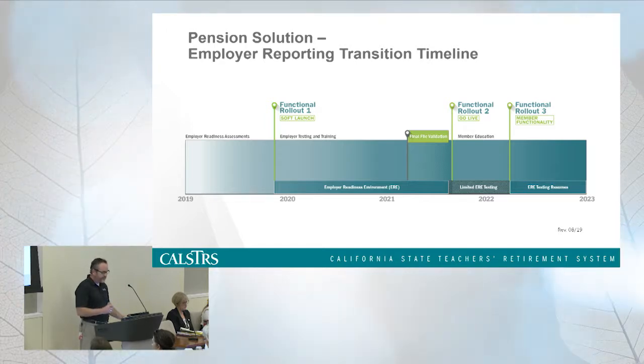Now, this final validation period is a moment in time where we will call you and say, hey, how's testing the new file format going? And you as the employer are going to say, it's great, I love the new file format, this thing is awesome, I wish you would have done this years ago, it's solving so many problems and making my life so much easier.